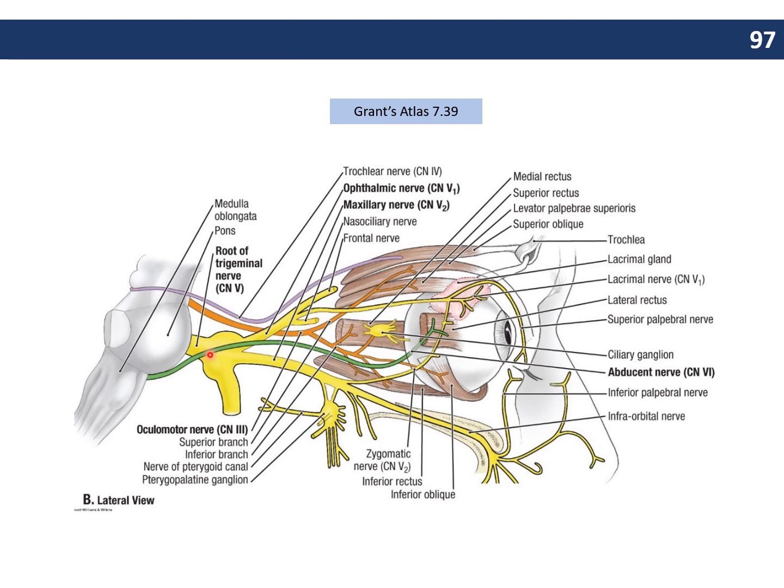Remember that the first and second divisions of the trigeminal nerve, the ophthalmic and the maxillary nerve, have branches that are purely sensory, but the parasympathetics, the GVE fibers that originated with the facial nerve, are carried to the target, the lacrimal gland, by those sensory branches of the trigeminal nerve.